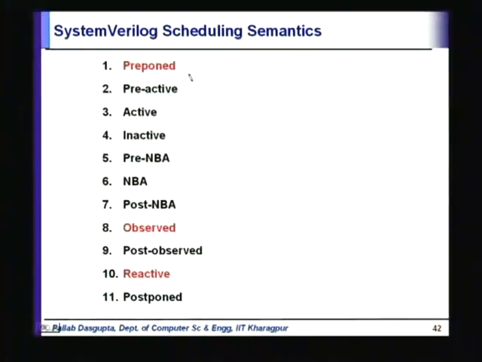Inserting a callback means that when the simulator reaches that point in its algorithm, it is going to call your function, and there you can do things like reading the values of the variables. So, preponed is one point where a user defined function can be called, and there you can read the values at the beginning of the simulation cycle. Before the simulator has taken any steps to update any variables, you can read the values, right.